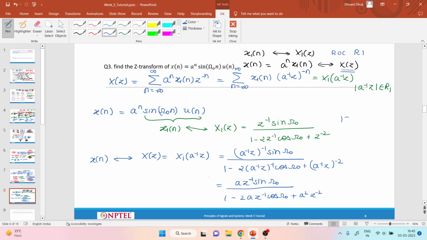The region of convergence here was magnitude of z greater than 1. So here magnitude of z upon a should be greater than 1, which means that magnitude of z should be greater than magnitude of a. Any doubts in this question?